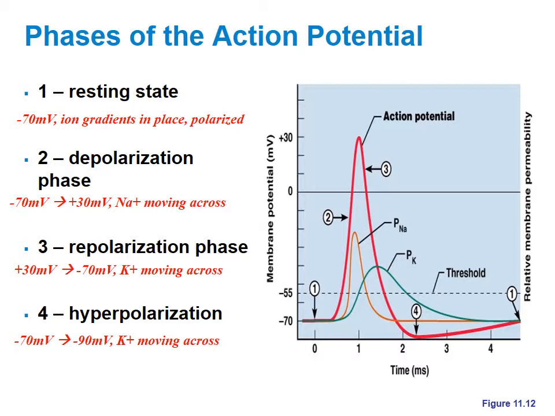This change from minus 70 to minus 55 is described as depolarization. Once threshold is reached, we continue to depolarize to plus 30 millivolts. At this peak potential, the sodium gates close, then the potassium gates open.